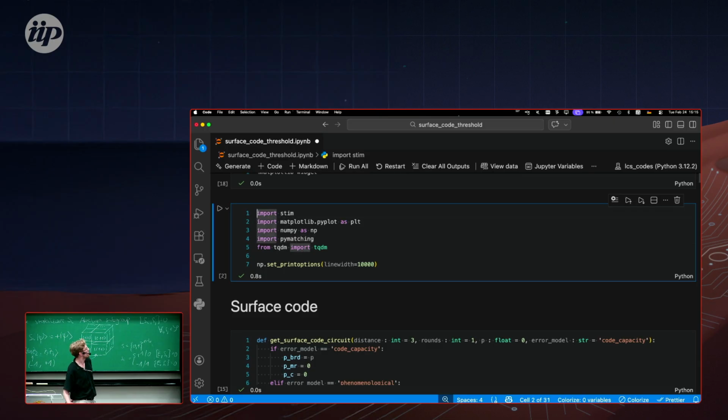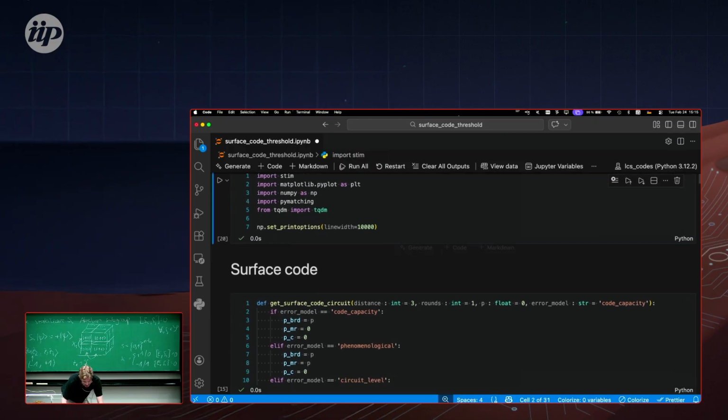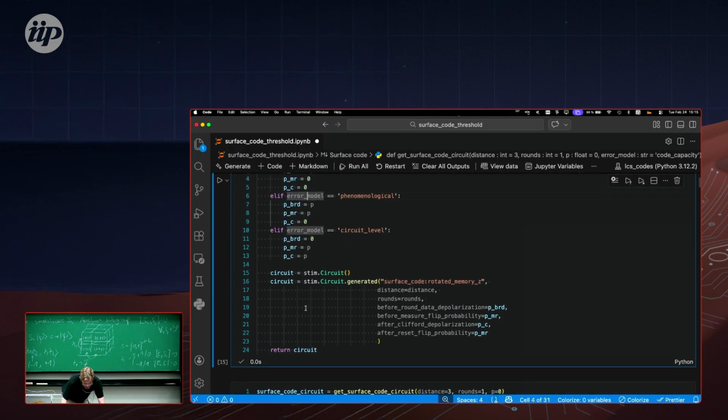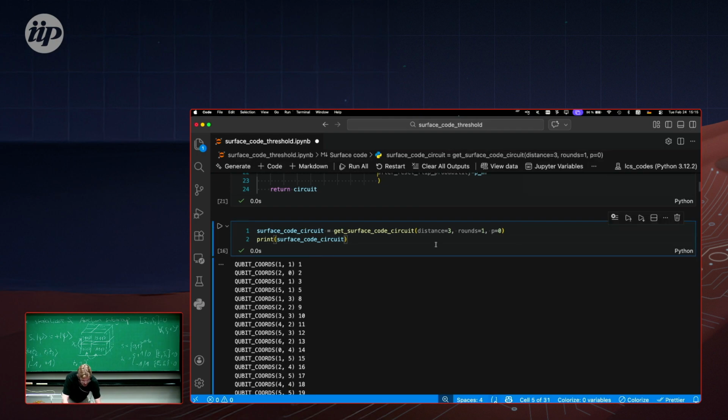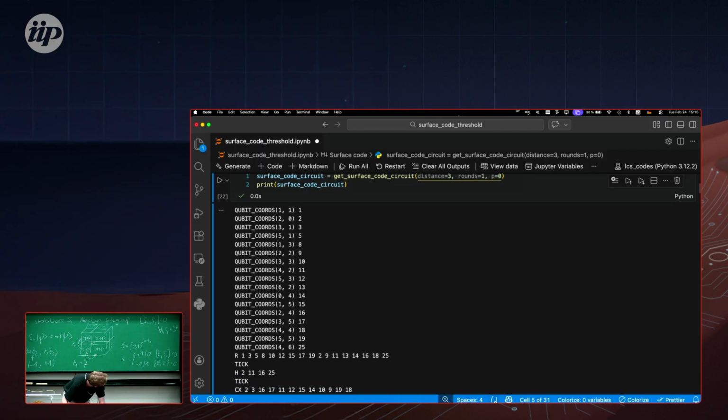And I use one called Stim, where I can build quantum circuits. There's already a method that generates quantum circuits for me that read out the syndromes repetitively. So I will show you, for example, a distance 3 circuit that reads out those syndromes.